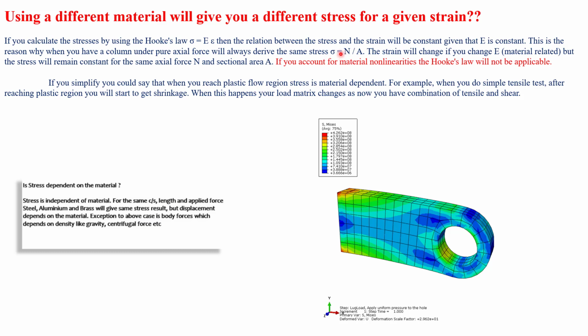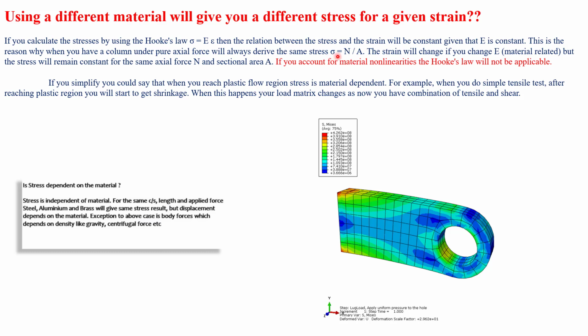When it comes to stress, we have the force per unit area, right? So whatever force you are applying, divided by area. If the cross-sectional area remains the same and you are applying the force, then the stress should remain the same.